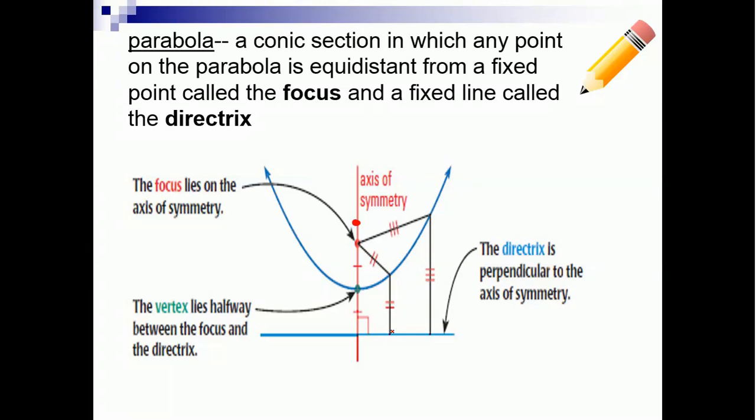I like to think of these parabolas as the satellite dish that you see. You have that point in the middle, that's where everything goes to, and then it bounces off the satellite dish, which is our parabola. So this is also going to allow our parabolas to no longer be just up and down. So these are what these are going to look like.